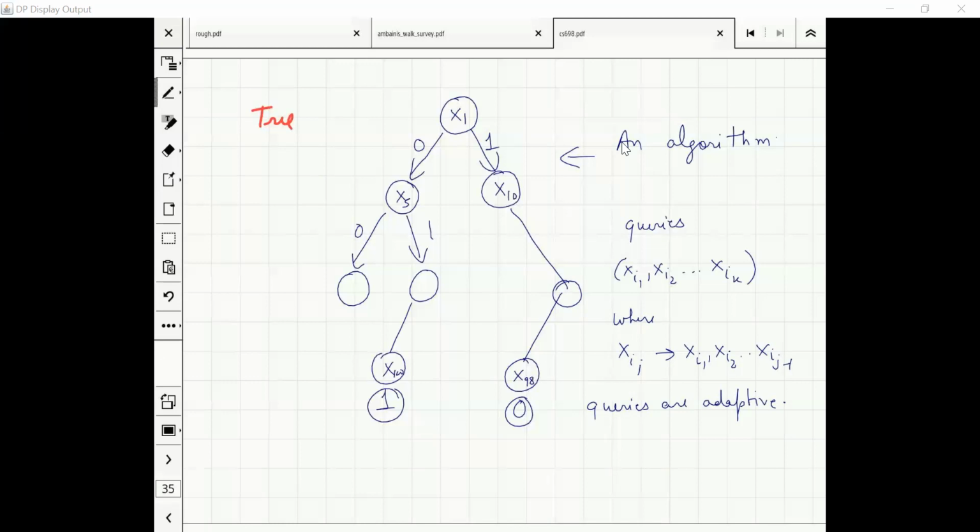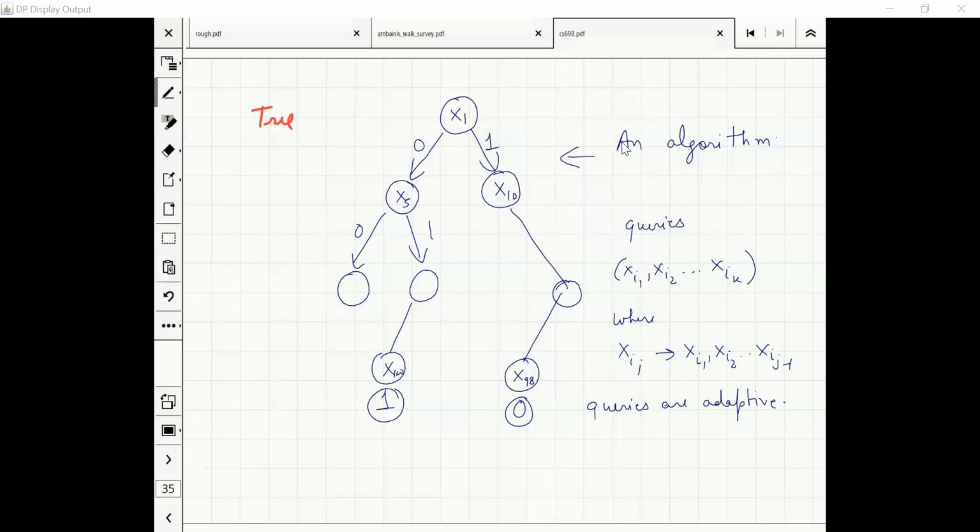See, the point is that these are adaptive queries, right? If those were non-adaptive queries, then you can say that the function depends only on those particular bits. But in this case, depending on the input, you can go to a different path, and you will be doing different queries.